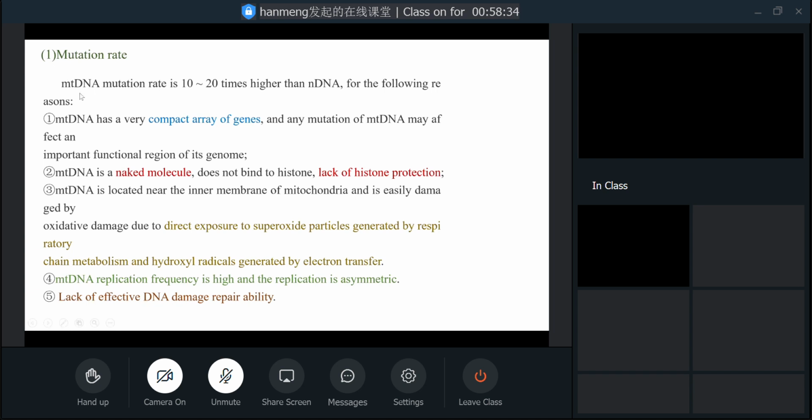Why is the mitochondrial DNA mutation rate higher? There are some reasons. First, the mitochondrial DNA has a very compact array of genes, and any mutation of it may affect an important functional region of its genome.